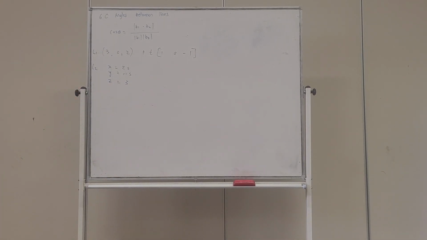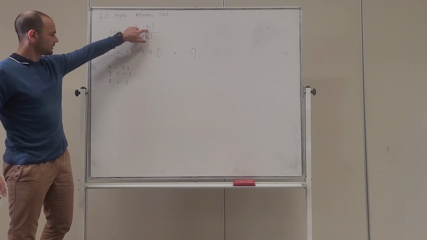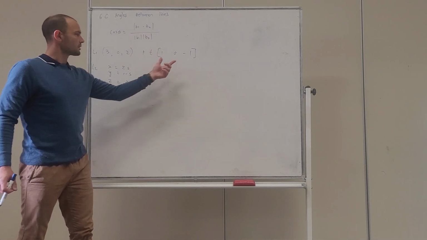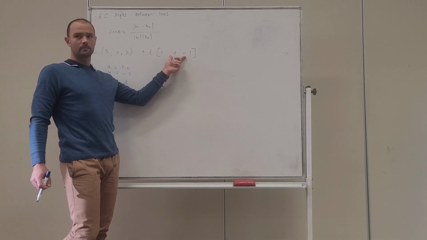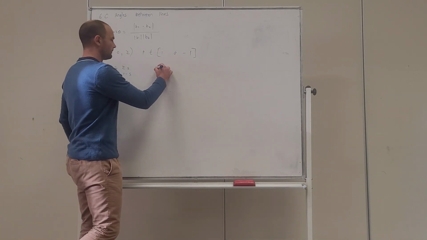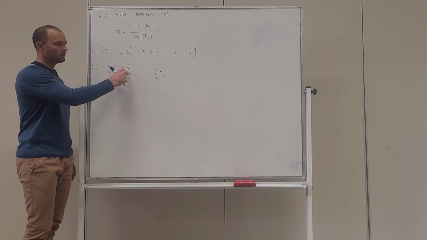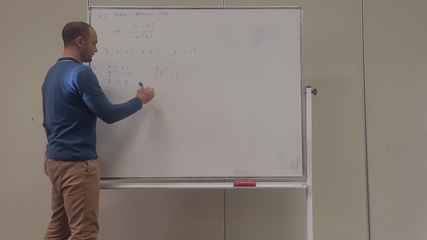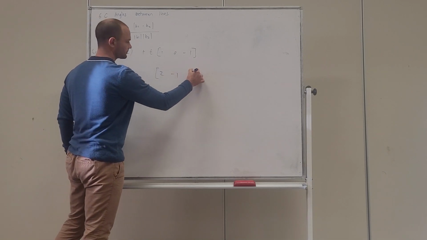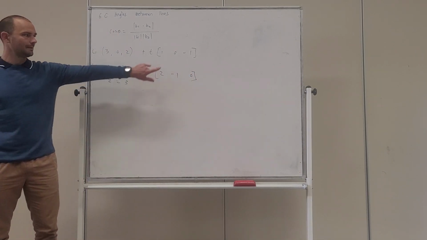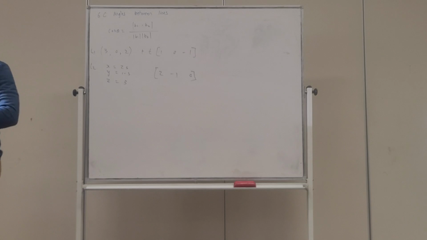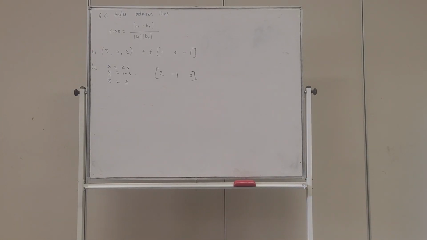So b1 and b2 in our formula up here, they're not bananas, these are direction vectors. This is the direction vector of line 1. The direction vector of line 2 is going to be the coefficients of s, so we have 2, minus 1, and 0. These are b1 and b2, and all we're going to do is crunch them into our formula above.